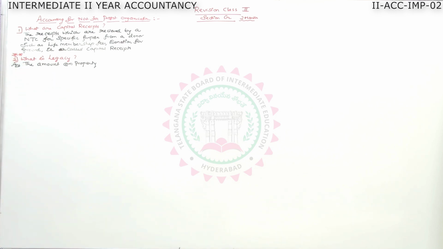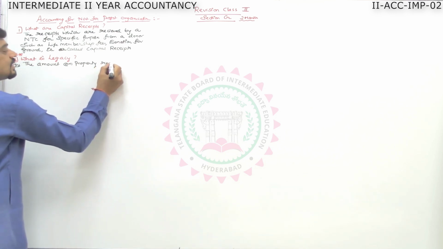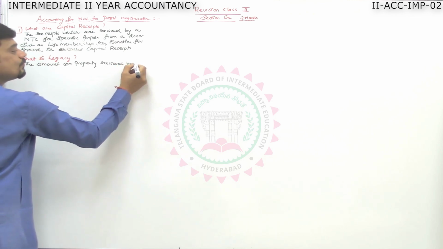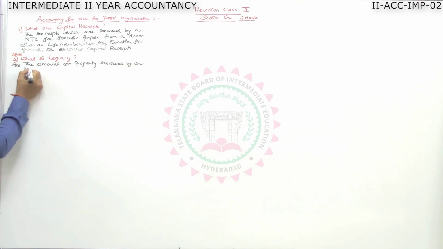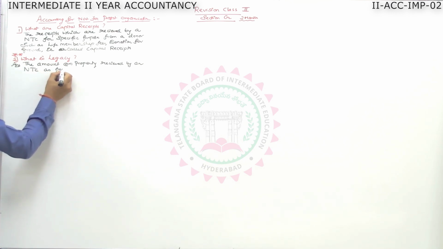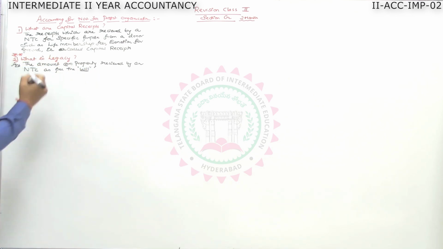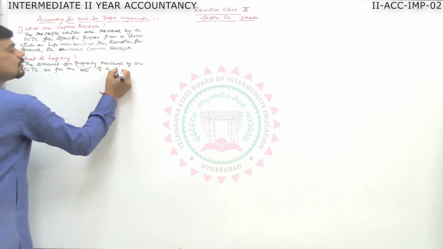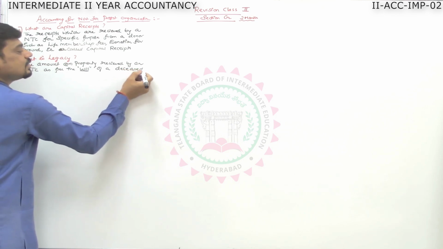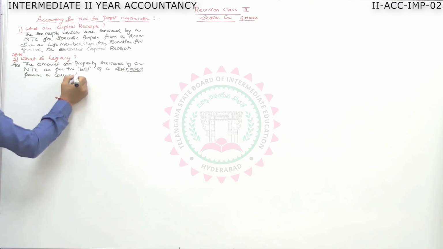The amount or property received by a non-trading concern as per the will. This is important. Will, vasiyatnama, what we call. Okay, as per the will of a deceased person. Deceased means one who expired. As per the will of a deceased person is called legacy.